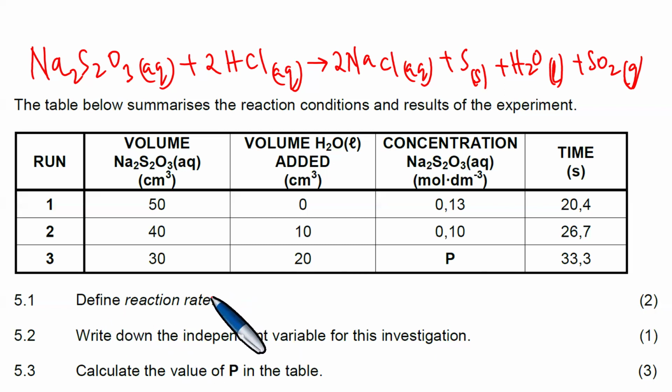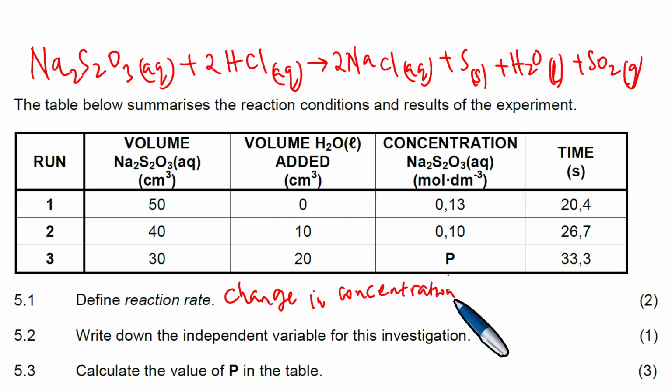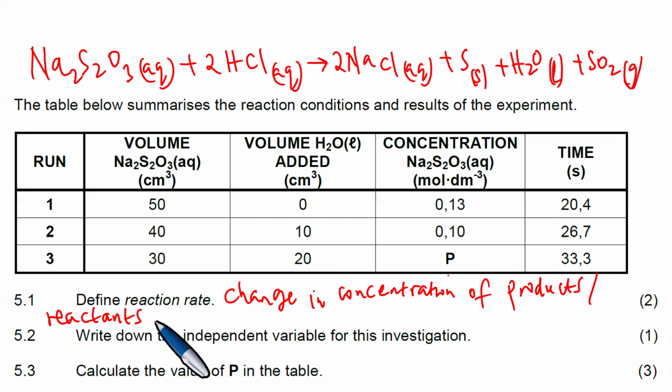So you can say that it is the change in concentration of products or reactants per unit time. Okay, continue.